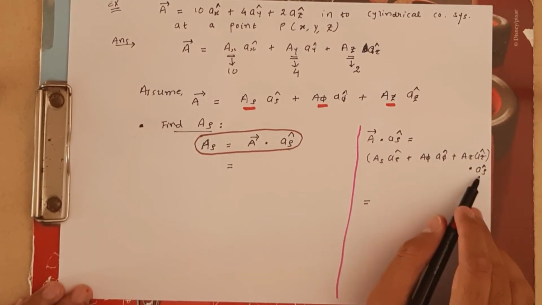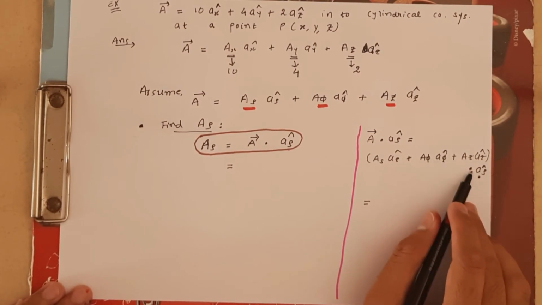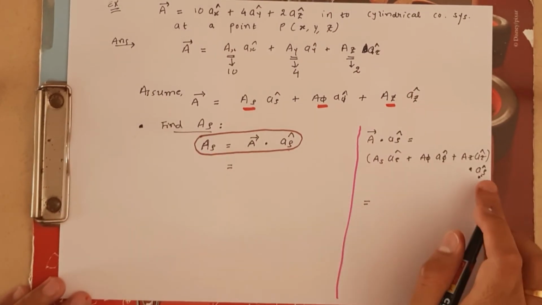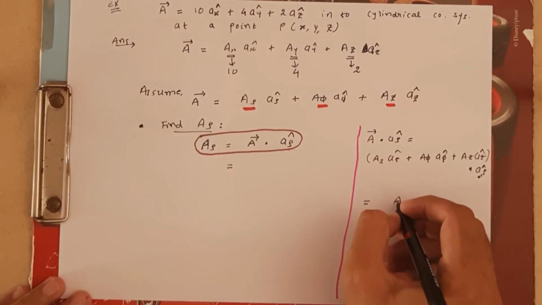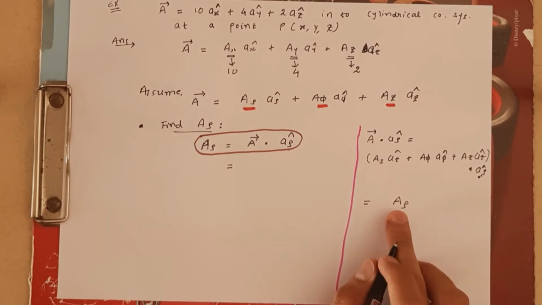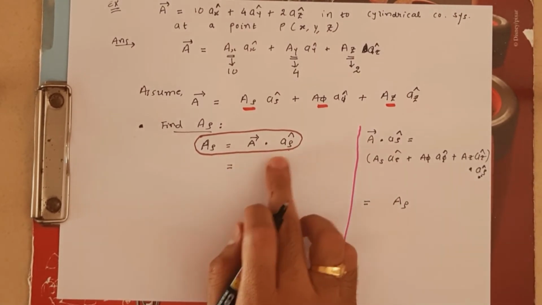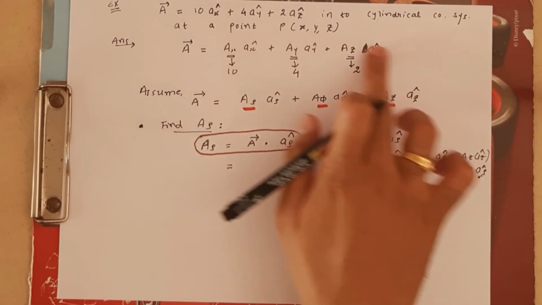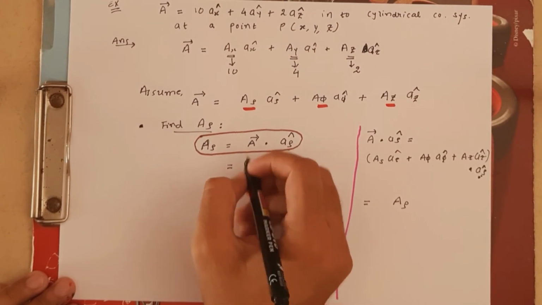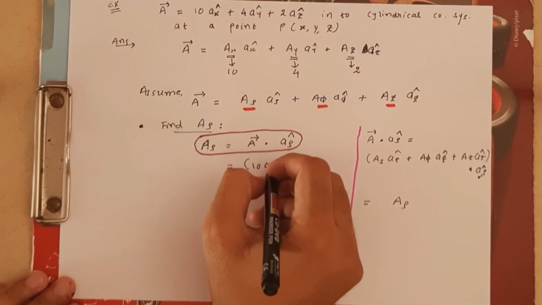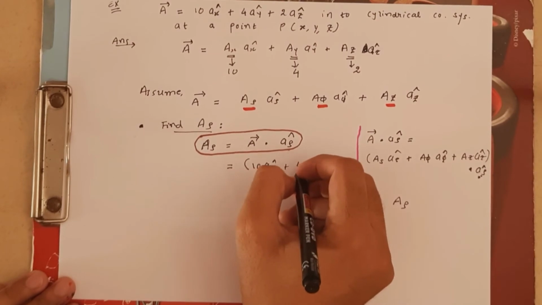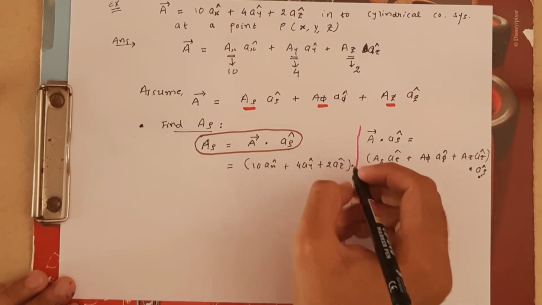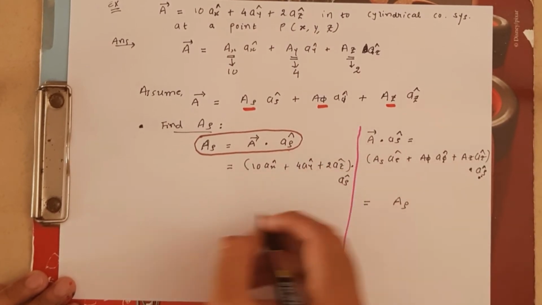As we know, a rho dot a rho is 1, a phi dot a rho is 0, and az dot a rho is 0. So a rho dot a rho is 1, and the answer is capital A rho. That is why I write capital A rho is equal to vector A dot a rho. But now instead of vector A, I put in my given vector. My given vector is 10 ax, this is a very easy way, plus 4 ay plus 2 az, dot a rho.